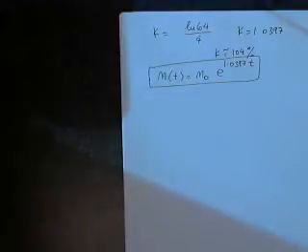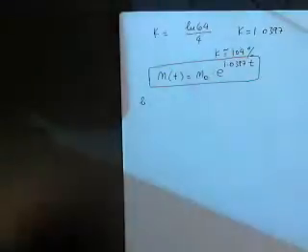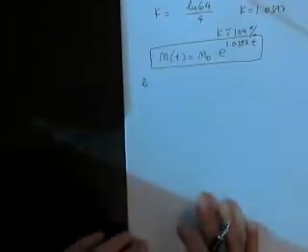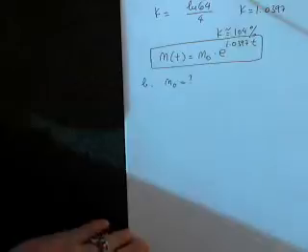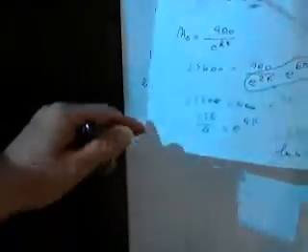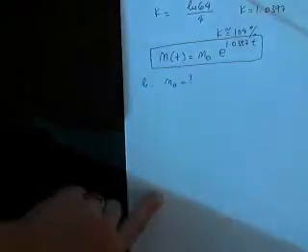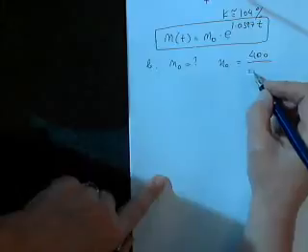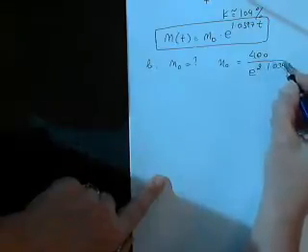Part B, what was the initial size of the culture? So what am I asked now? I'm asked to find n0. But I have an equation for n0. It's right here: n0 equals 400 over e to the 2k. So n0 equals 400 over e to the 2 multiplied by 1.0397.